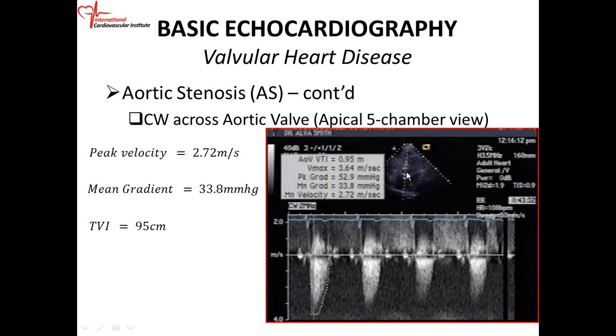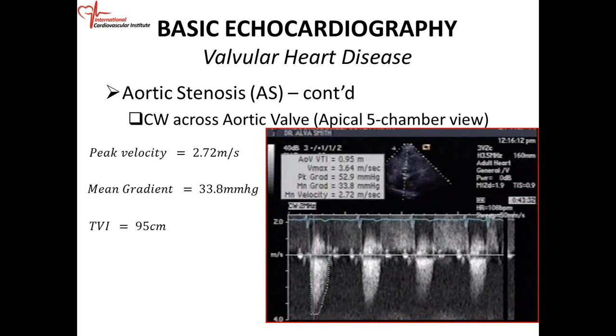You put your cursor at the point of interest in the aortic valve, and you get your CW, continuous wave Doppler. And you trace the envelope. It's important to interrogate the aortic valve from multiple windows. You want to get the highest velocity.